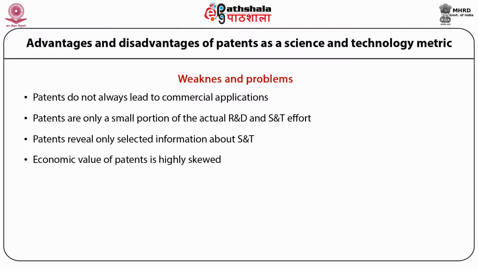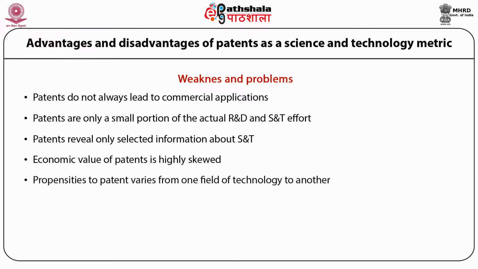These are areas like gearbox technologies and other technologies. Propensity to patent varies from one field of technology to another. Differences among national patent systems also make it difficult to judge patents as an indicator.